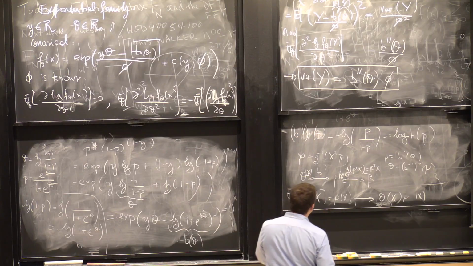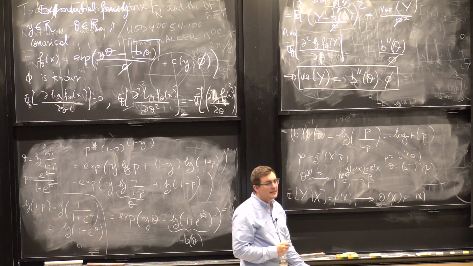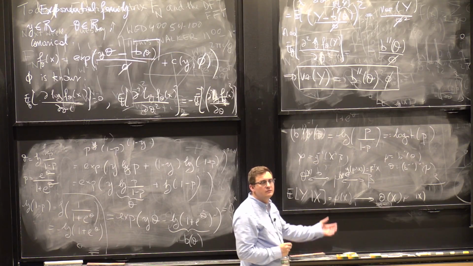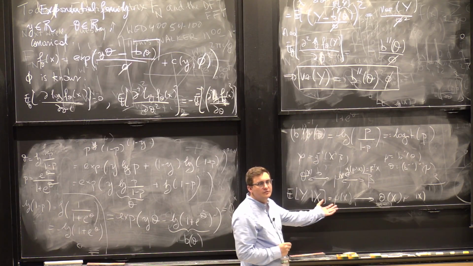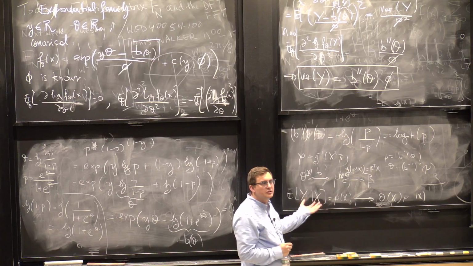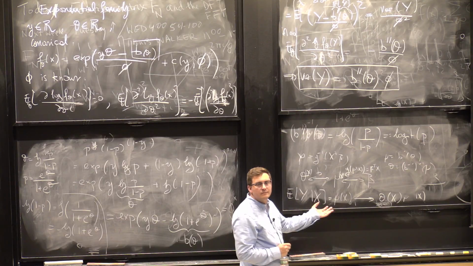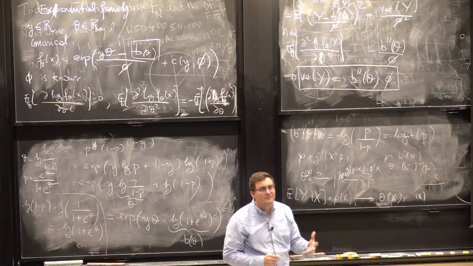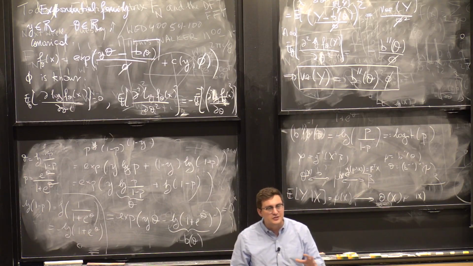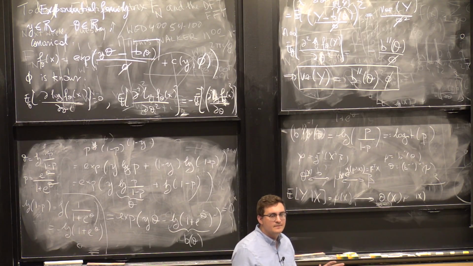Mu is the conditional expectation of y given x. It actually has a fancy name in the statistics literature. Anybody know the name of this function, mu of x, the conditional expectation of y given x? That's the regression function. That's the actual definition: the regression function is just the conditional expectation of y given x.